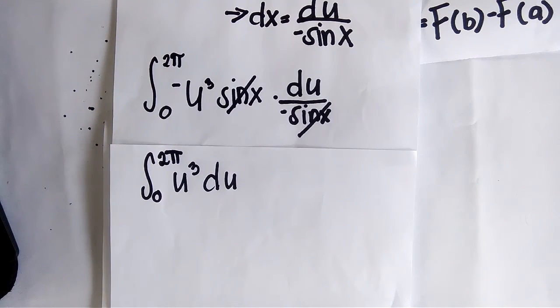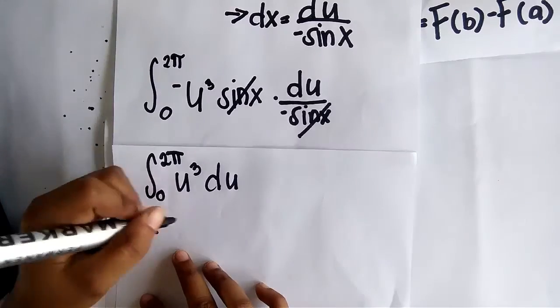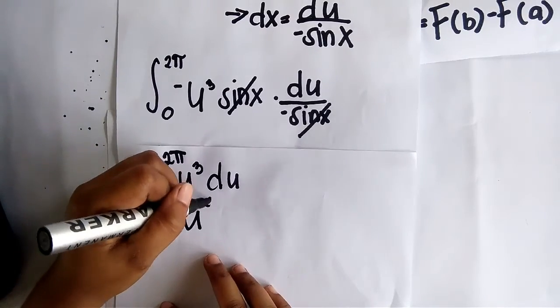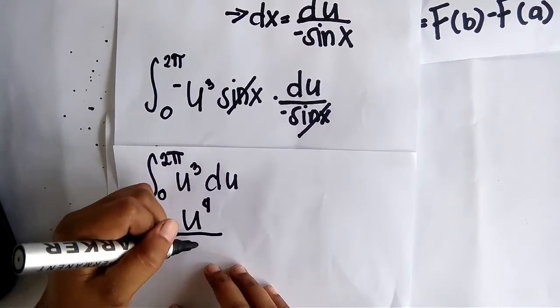So we have to solve for the antiderivative. We have u raised to 4 over 4.